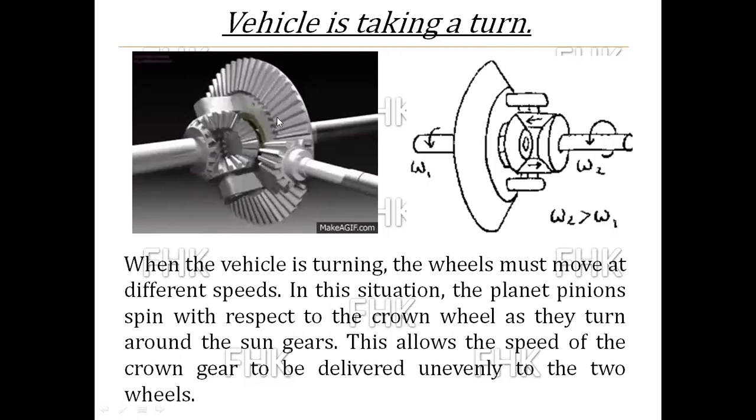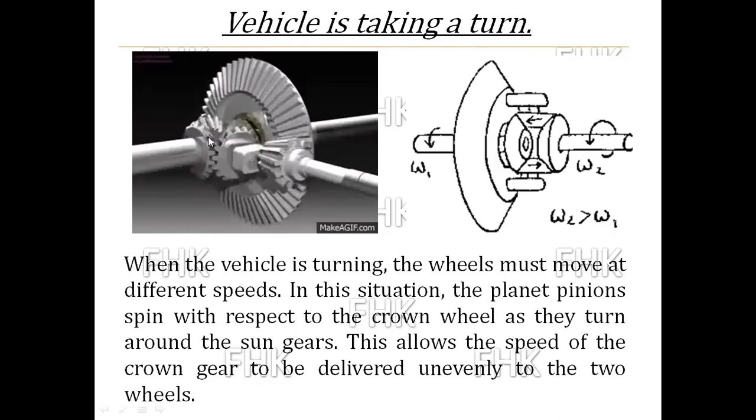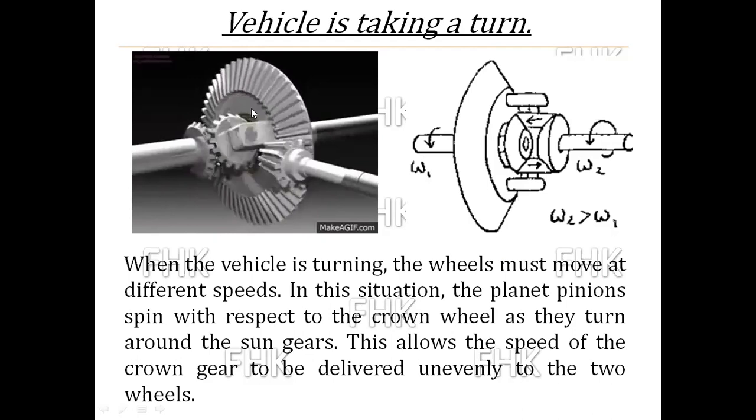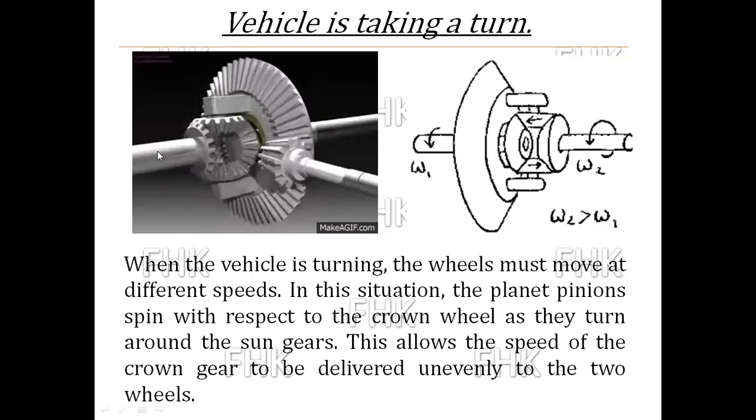The diameter of the crown wheel and the diameter of the sun wheel are different, so the speed will be different. So the left-hand back wheel and the right-hand back wheel have different speeds.